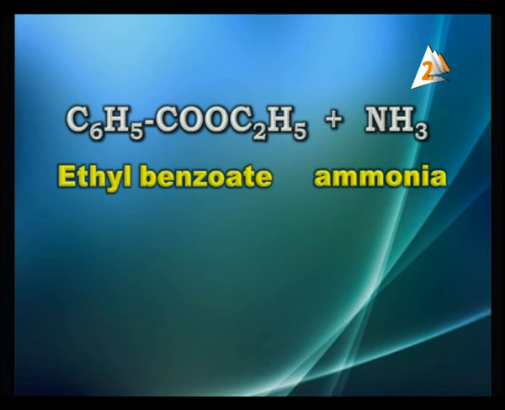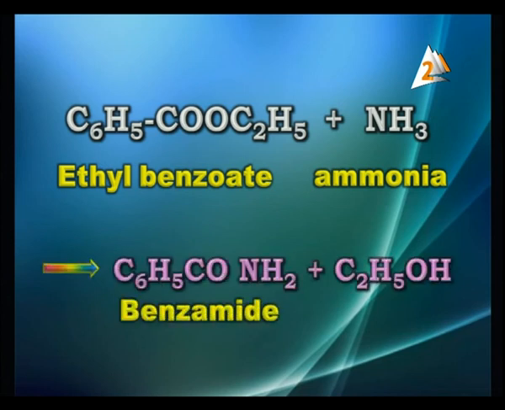I need benzamide, don't forget this. So ammonia produces the benzamide, C6H5CONH2, plus C2H5OH. So the benzamide is produced from toluene by these 3 steps of reactions.